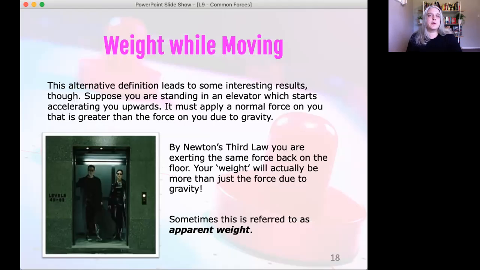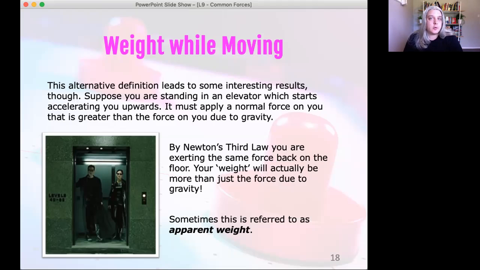There are only two things interacting with you when you're standing in an elevator. You've got the gravitational force with Earth, and you've got the normal force from the elevator floor. That's all that's interacting with you, the elevator floor and the Earth. If you have a net force upwards, then that means that the force on you from the elevator floor must be greater than the weight force due to Earth's gravitational attraction.